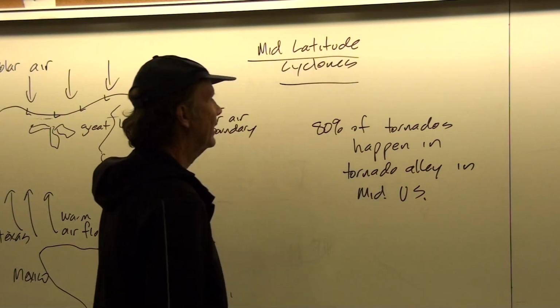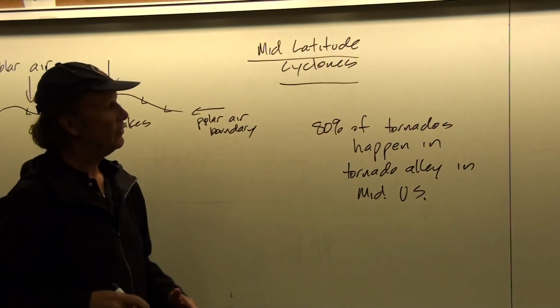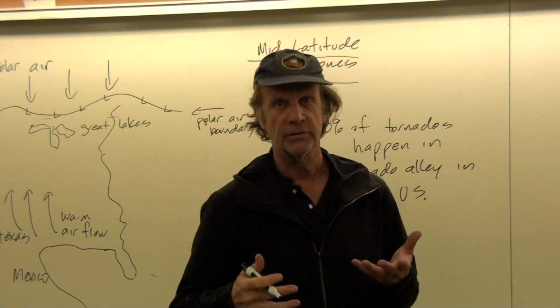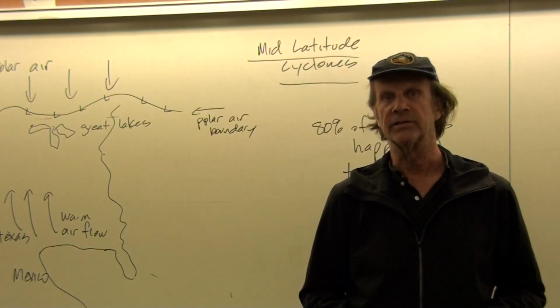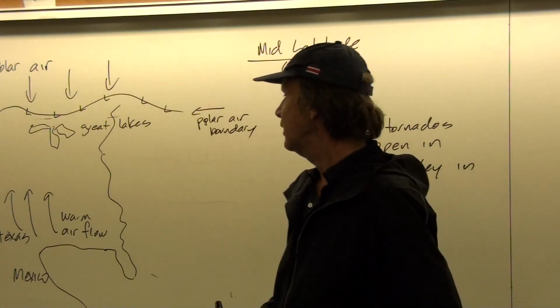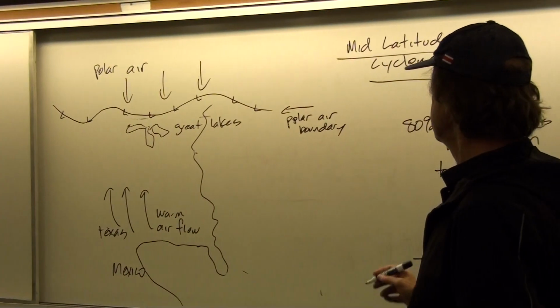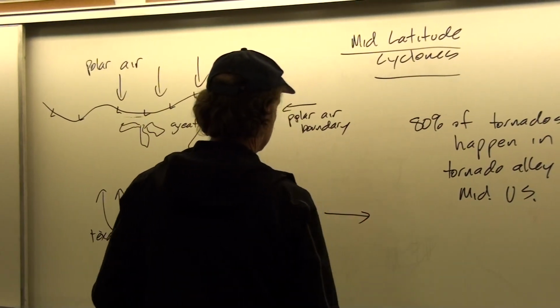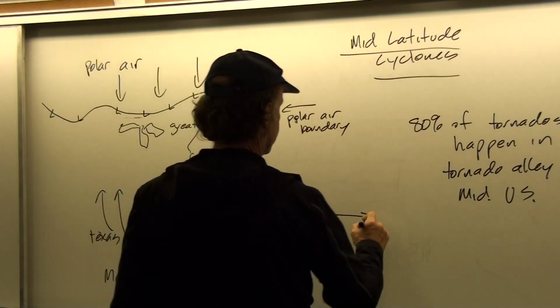So I want to talk about why this happens and why the whole area is so conducive to the formation of these kind of mid-latitude cyclones. First of all, what we need to get this kind of thing going is a convergence of warm and cold air.